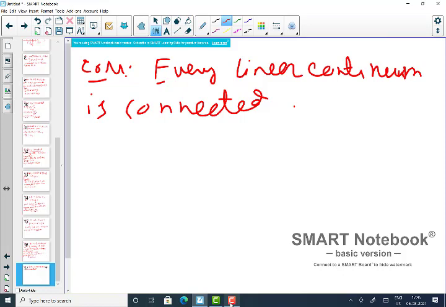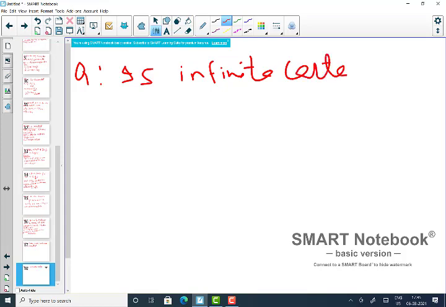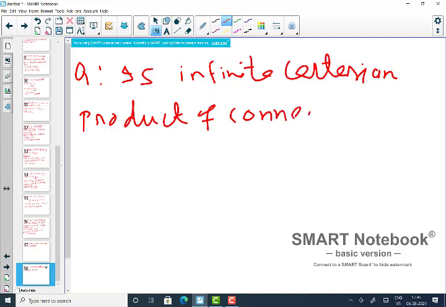And the question we can ask again here is whether an infinite Cartesian product of connected spaces is connected.